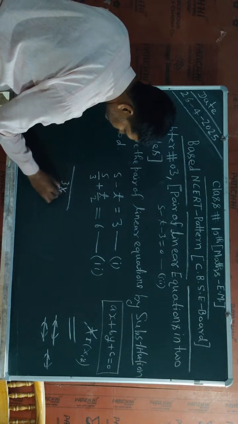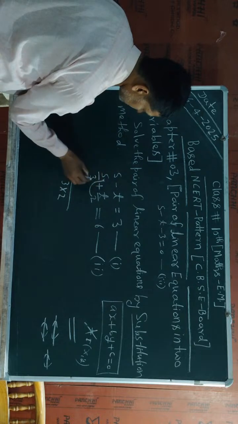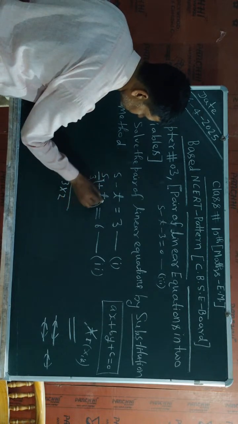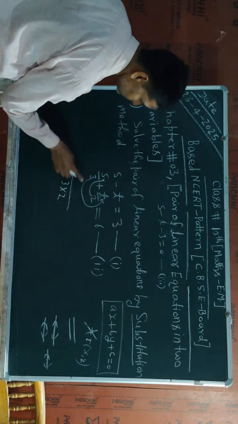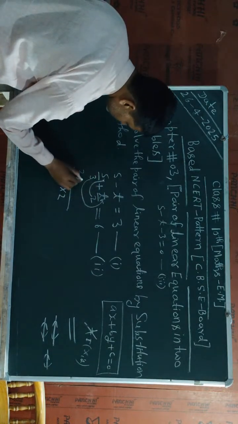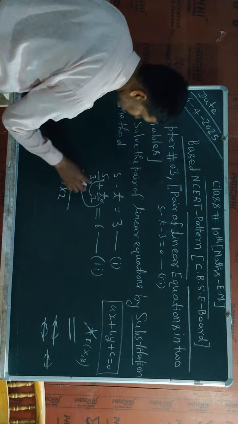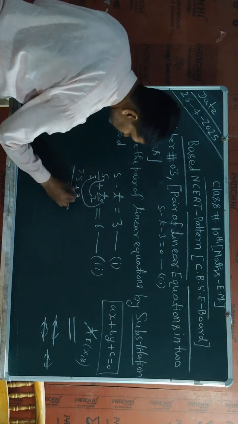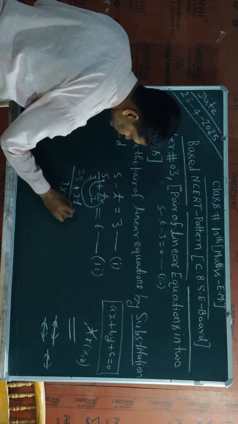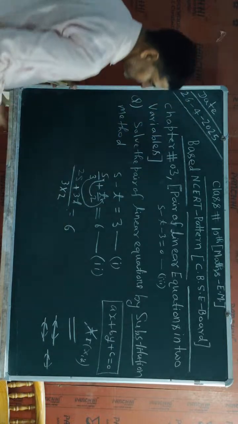I will put 3 into 2, and I will multiply this with this and this with this. After multiplication I will write 2 into s, 2s, and plus 3 into t, 3t, which is equal to, in the right hand side, 6.